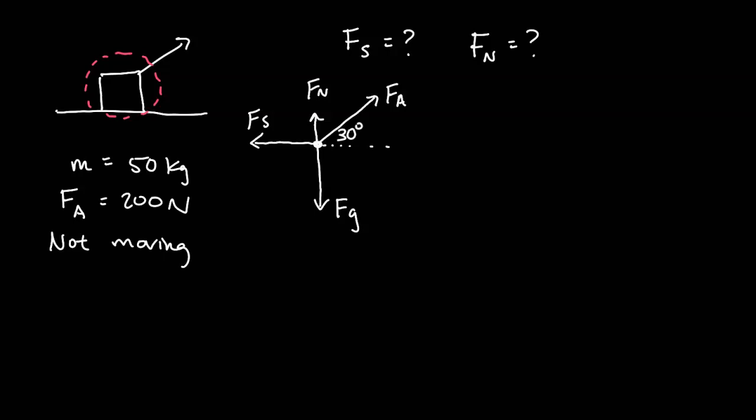What we want to do next is to indicate the positive direction. To do that, I'm going to draw my coordinate axes. I'm going to make right positive and up positive. Next, I'm going to break my forces into components. I can see that the Fa is not on my x and y axis. Any forces not on the x and y axis, we're going to have to break into components.